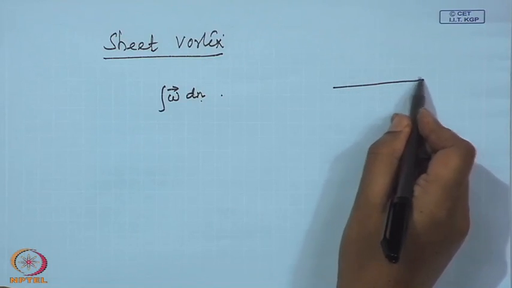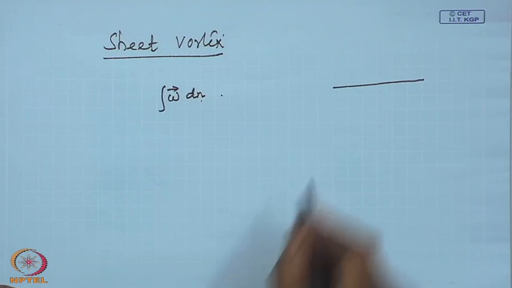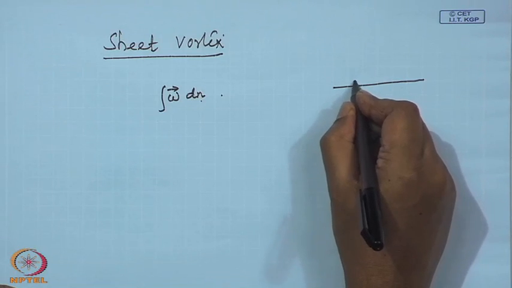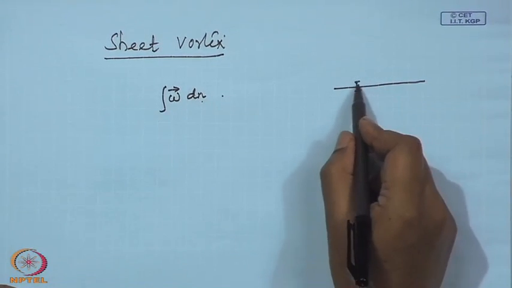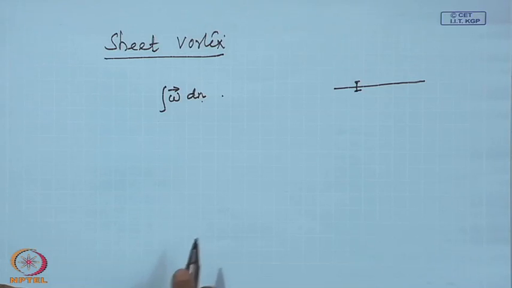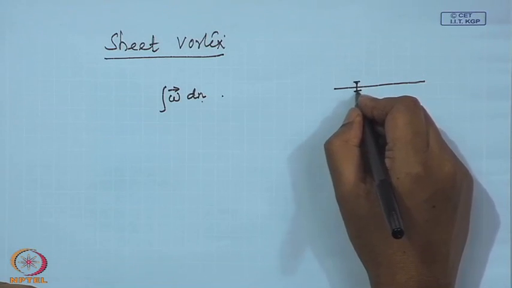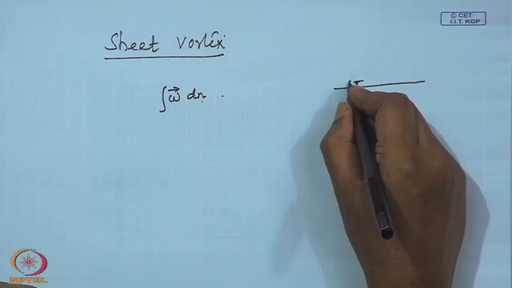Just considering a two dimensional representation, okay, this represents the sheet, then we can think that we have integrated from here to here. We will call it, say, epsilon.